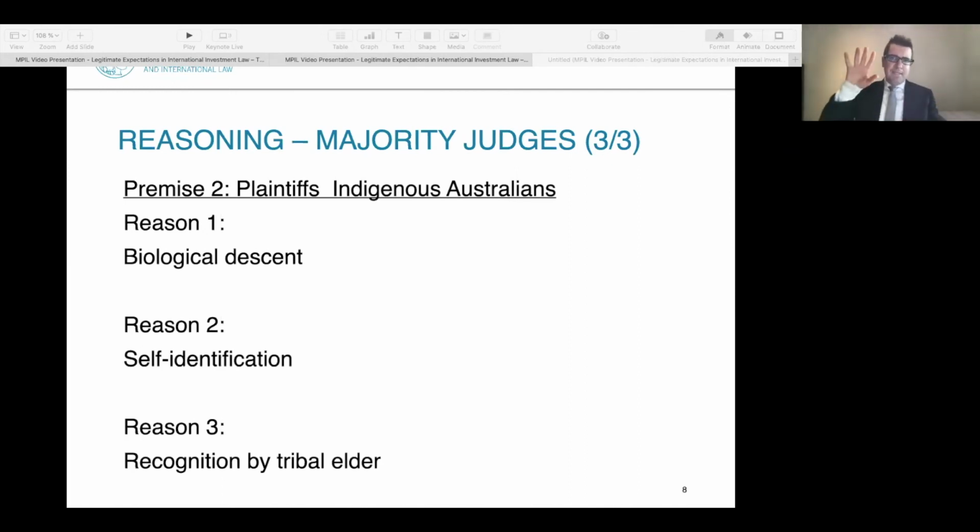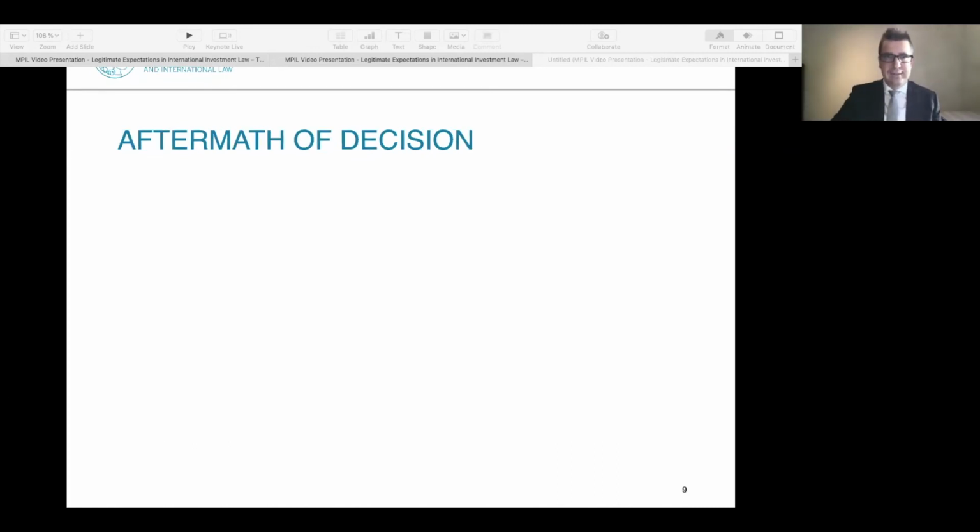Now, Mr. Thoms was able to tick all three. Mr. Love, however, they put a question mark on the third one and they asked another court to decide it. But I think effectively the decision will be that both of the plaintiffs are Indigenous Australians. Indigenous Australians are not aliens, therefore that explains the decision.